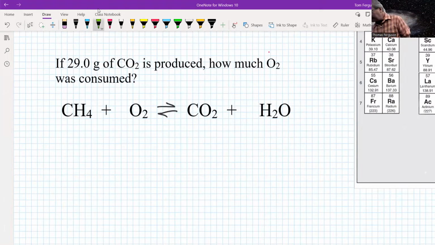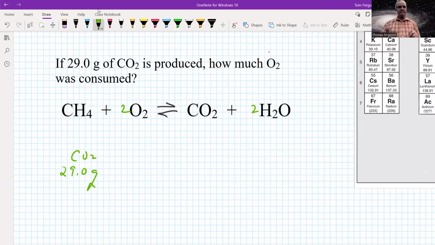Okay, so let's balance this from before. 28 grams of carbon dioxide is produced. How much oxygen is consumed? Again, how much means grams. So we're going to start with 29 grams. Notice this is on the right side, but because it's given, we still put it on the left.